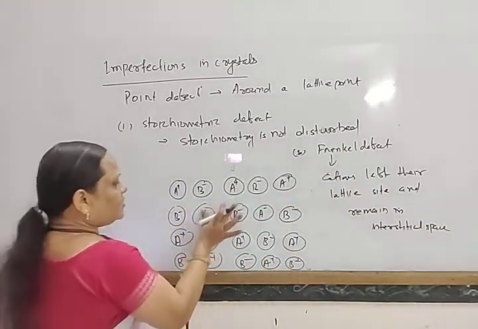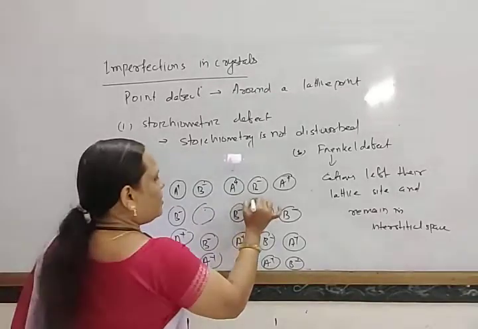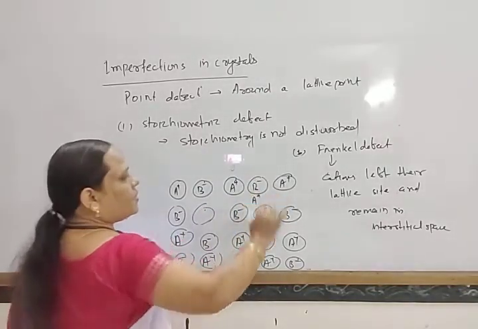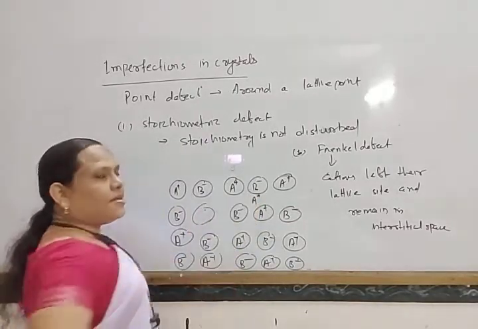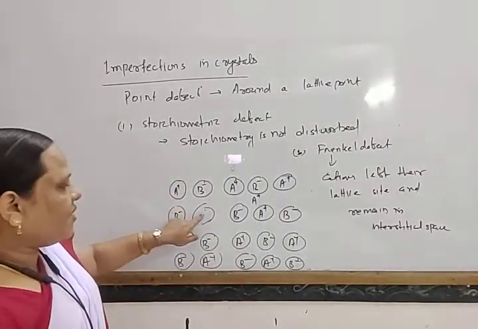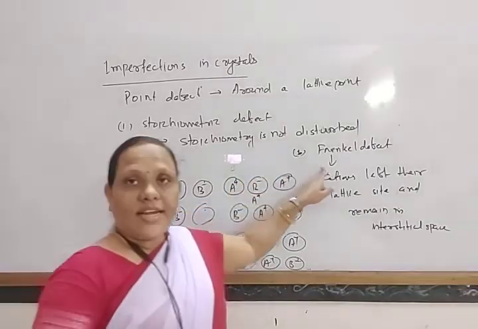Suppose some cations left here and remain here. Some cations left their position and remain here. So this type of defect is known as Frenkel defect.